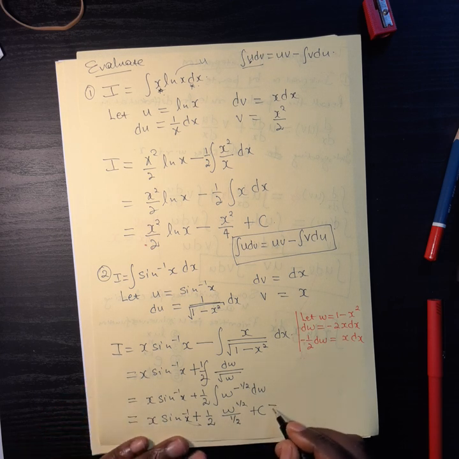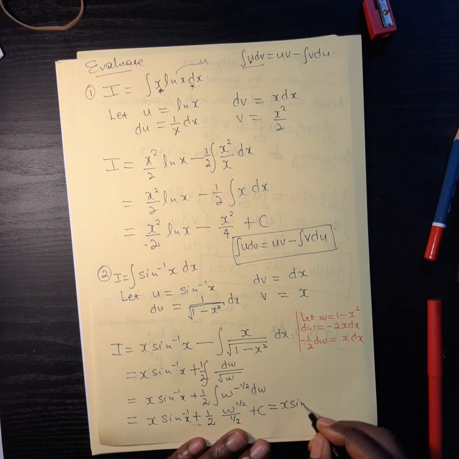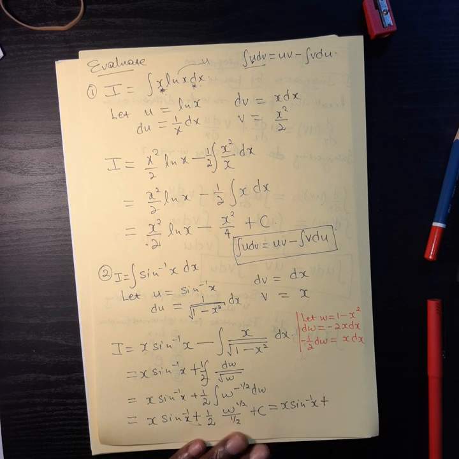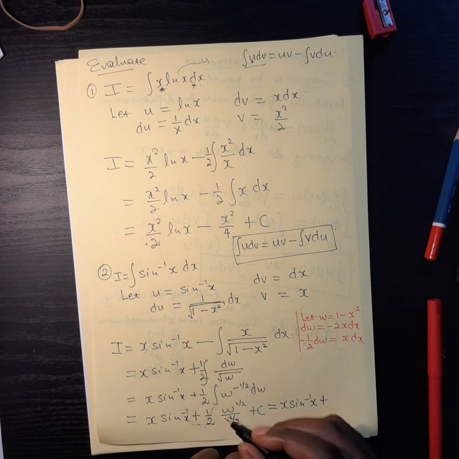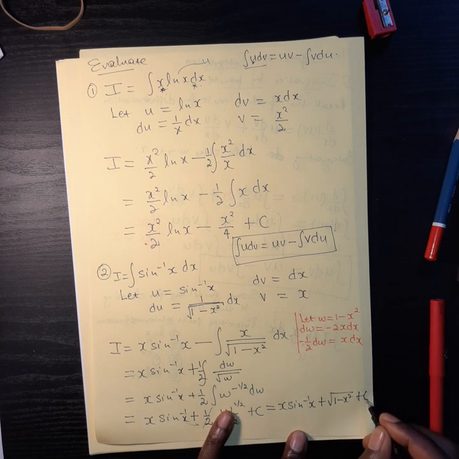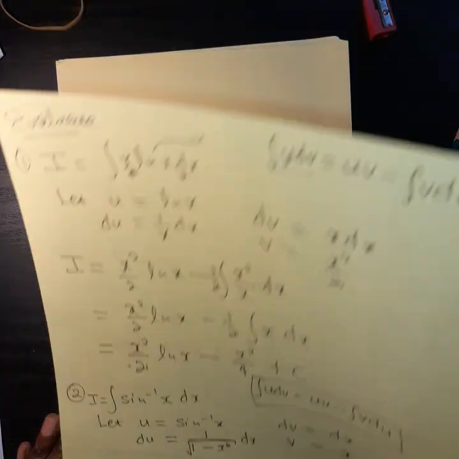We are left now with x arc sine of x plus the square root of w, and w is 1 minus x squared, plus our constant c. There we are. So that was our second example.